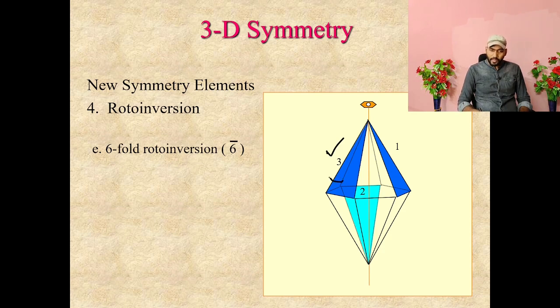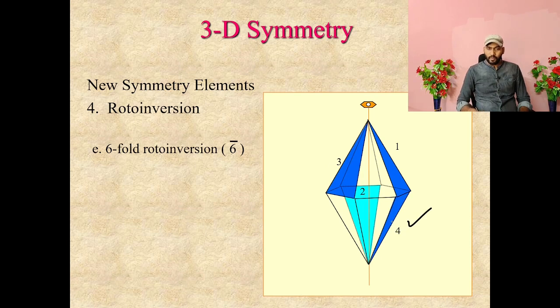Then if we rotate 3, it will become F4 dash, and then we invert, so it will come here as 4. This is the fourth face.